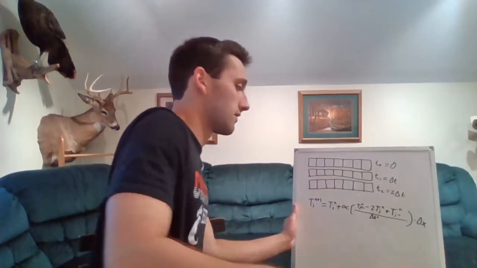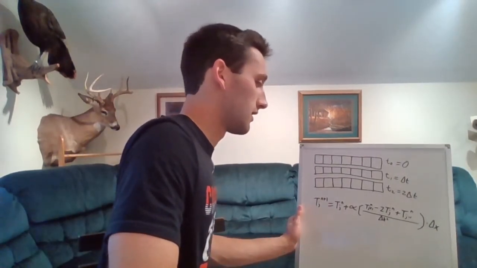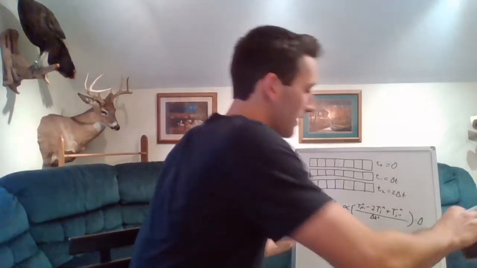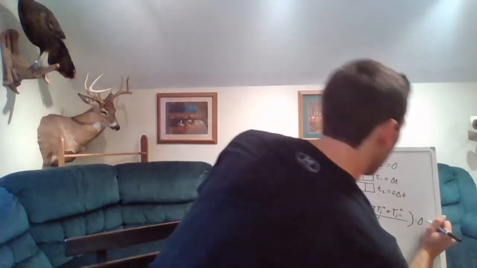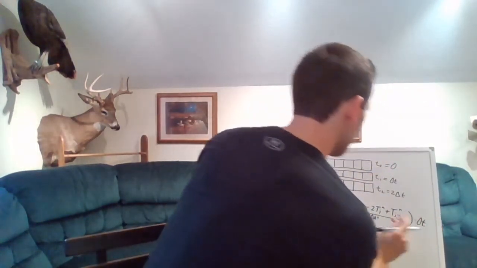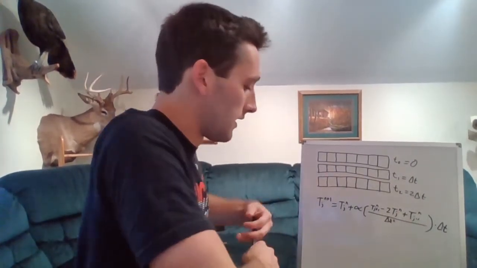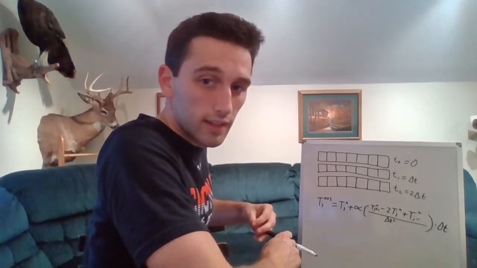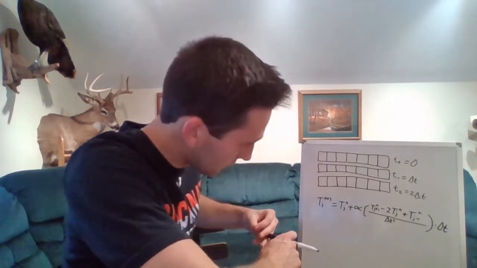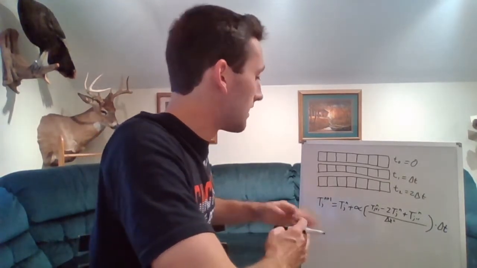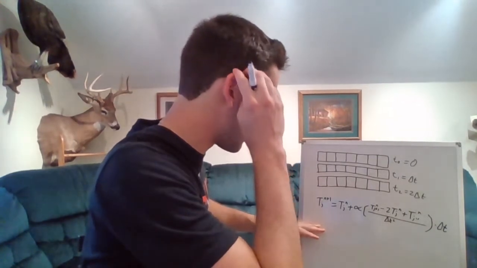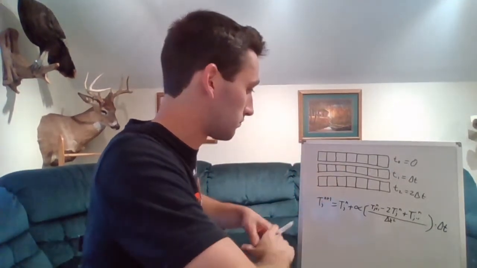Not delta x. No, that was delta t. Yeah, it was over delta t. I was about to say all the delta x's should be on this side. So now we can, oh my, that I wrote that very tilted, but we can simplify this even more.